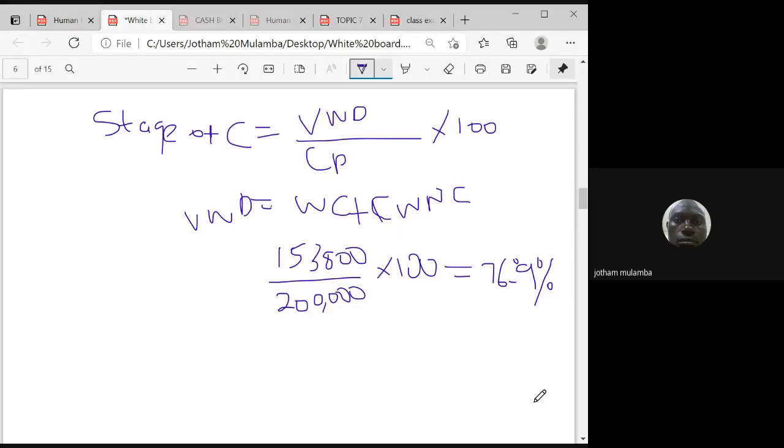Then I also gave you the third stage, which was near completion stage, and that's between 80% to 99% of the work. And at that stage, I gave you the formula as notional profit times work certified over contract price. So for this particular, because we are at 76.9, then we are at maturity stage.